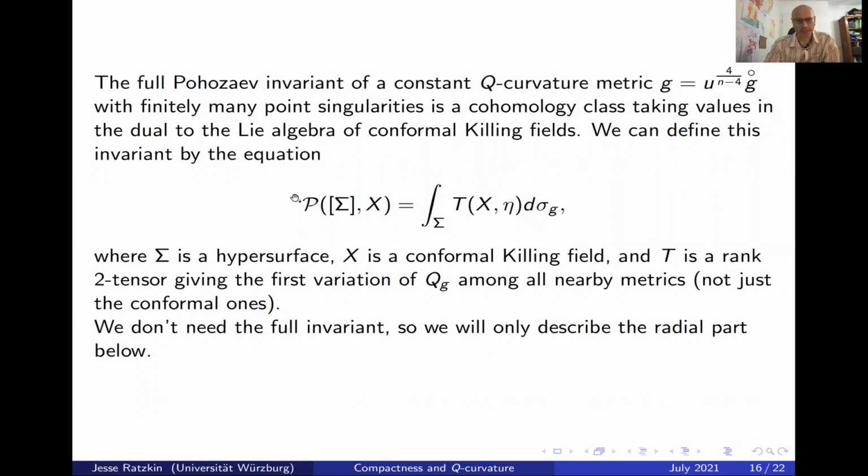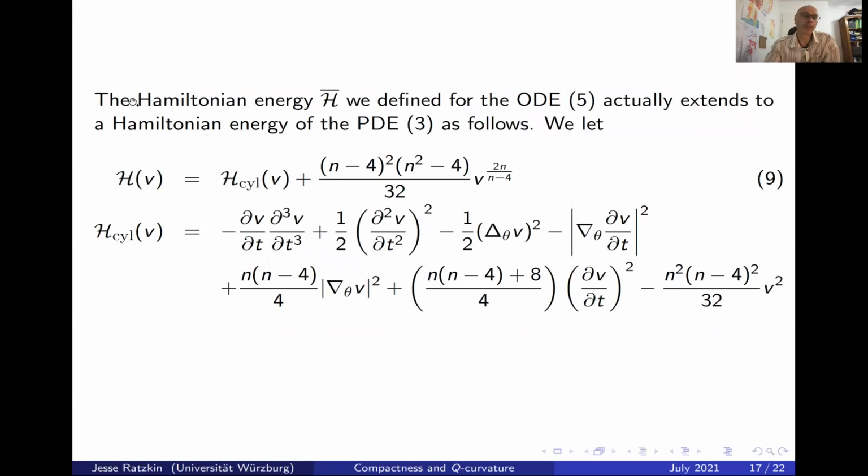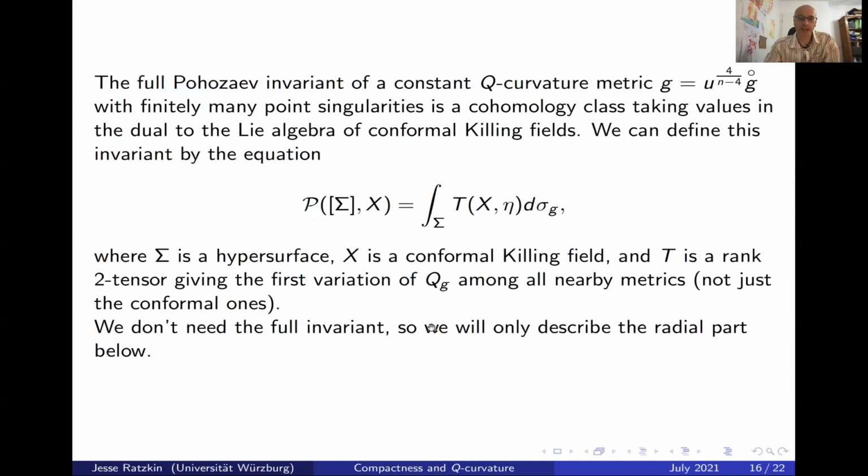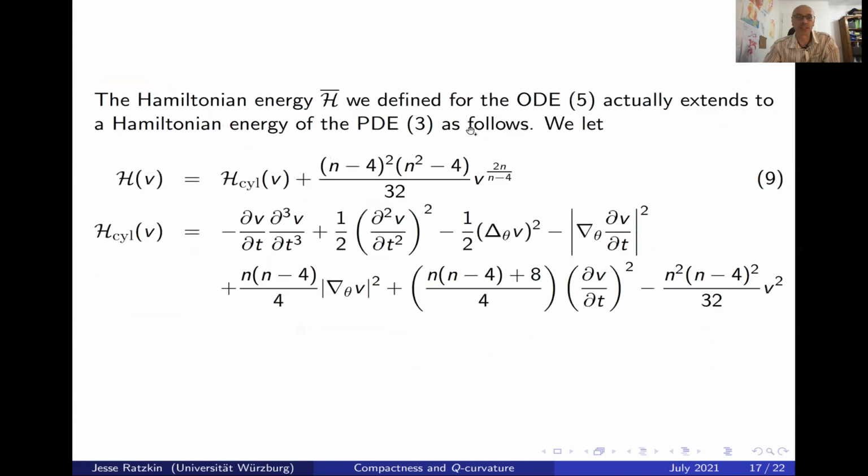Okay, so this is all something that will appear in much more detail in all generality, and is work in progress. The Hamiltonian energy, so we only need to describe the radial part of this full Pohozaev invariant.